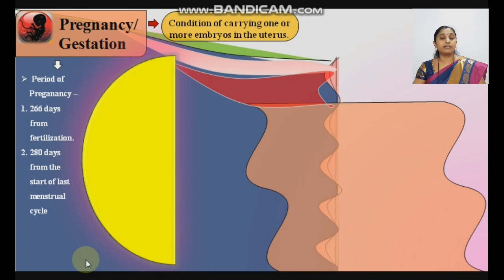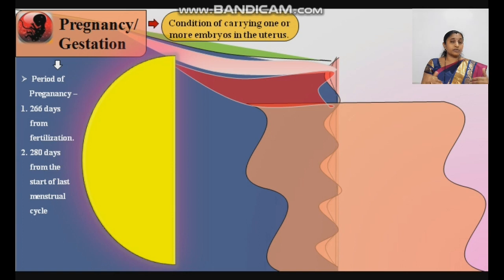Absence of the menstrual cycle is the indication of pregnancy. For convenience, pregnancy is divided into 3 trimesters: first, second and third. Each trimester contains a 3-month period.